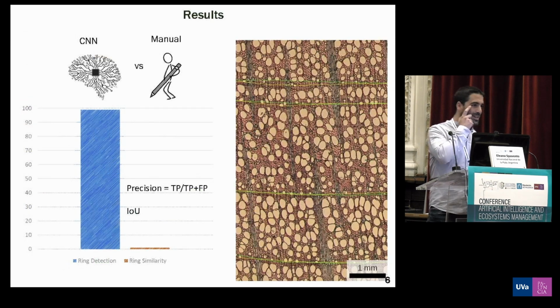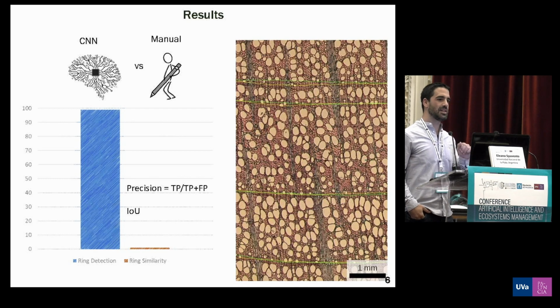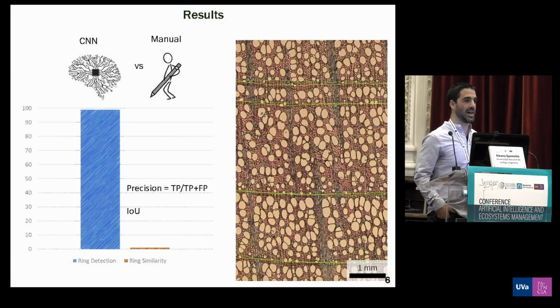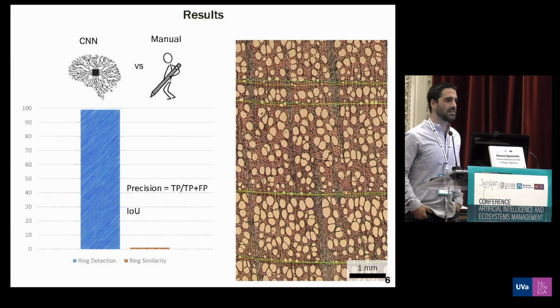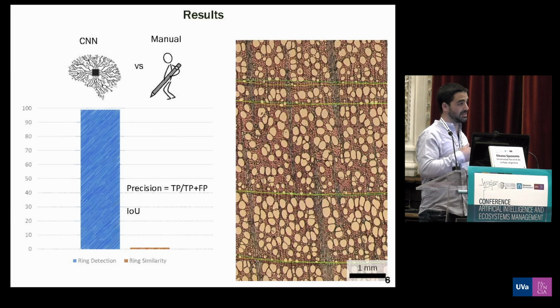So the results were, as you can see, over. The current way to evaluate whether a ring is detected or not in the field is: if the ring is detected, then the ring is right, and that is good. But if it is not detected, then the ring is wrong.